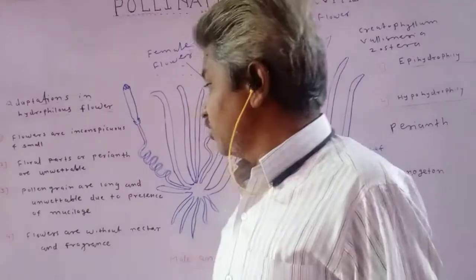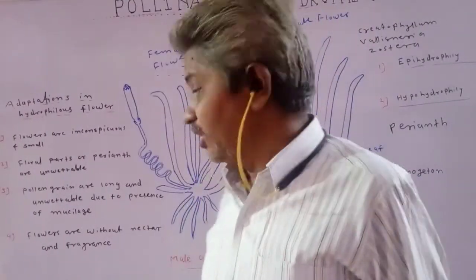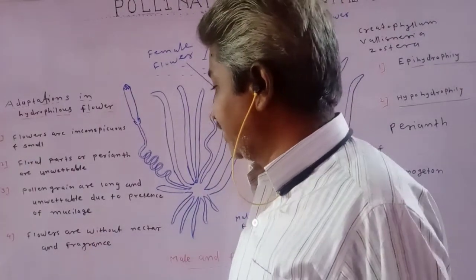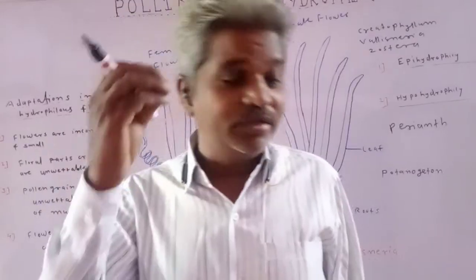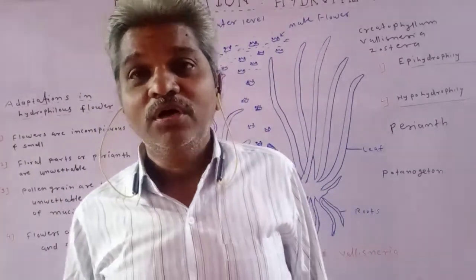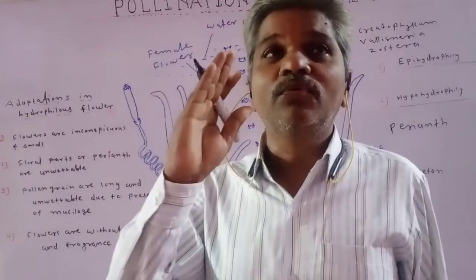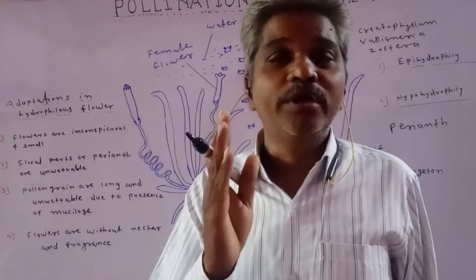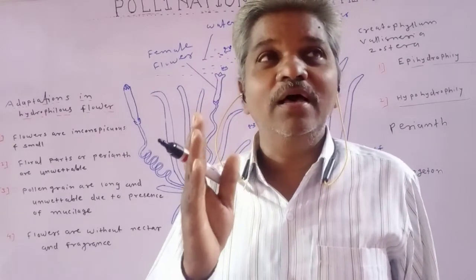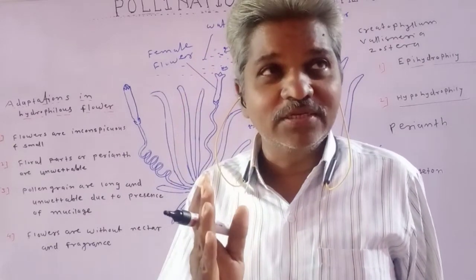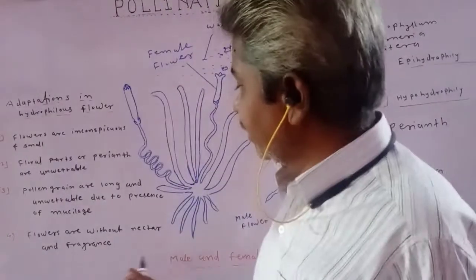The next and last adaptation for hydrophily is that flowers are without nectar and fragrance. These flowers are comparatively smaller, and not only smaller, but they are without scent or odor. These flowers are scentless, without fragrance, or without nectar. What is nectar?